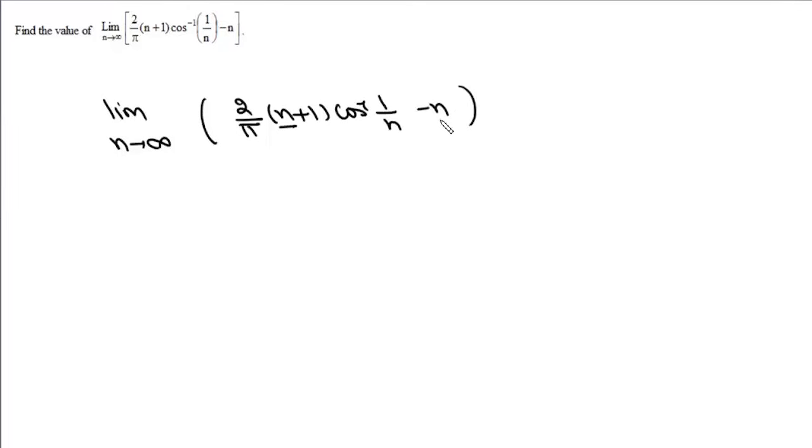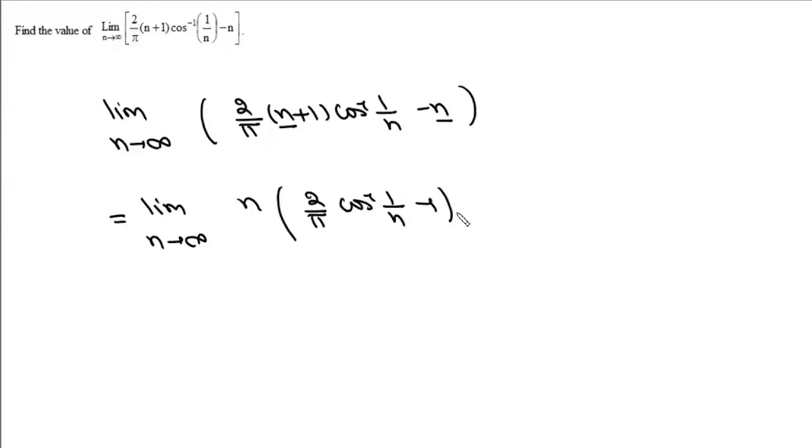Now what we'll do is we'll take these terms of n together, then we can write this as limit n tends to infinite, and this is n, and it will be (2/π) cos⁻¹(1/n) - 1 + (2/π) cos⁻¹(-1/n).